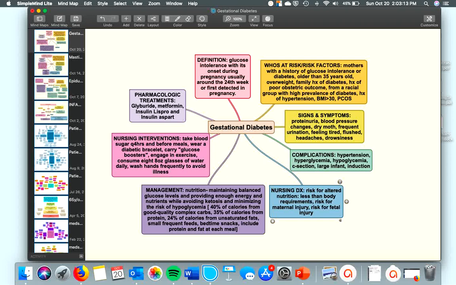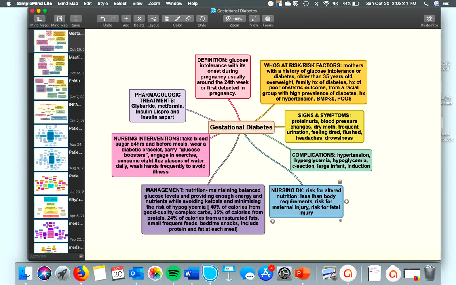We want mothers to engage in exercise and consume eight 8-ounce glasses of water daily. We want to inform them to wash their hands frequently to avoid illness, because them getting sick while pregnant can also affect their blood sugar. So some pharmacologic treatments are glyburide, metformin, insulin lispro, insulin aspart.